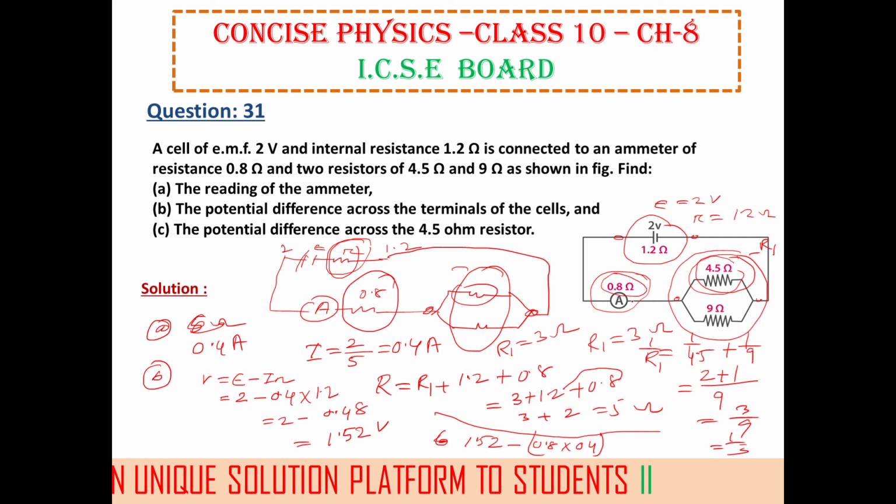So 0.4 into 0.8, we are getting 1.52 minus 0.32. So it is coming 1.2. So 1.2 volt is there across this 4.5 ohm resistance. So this is clear to you.